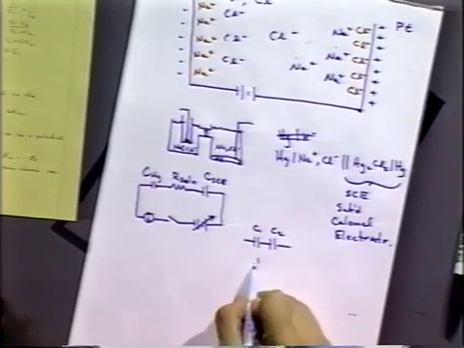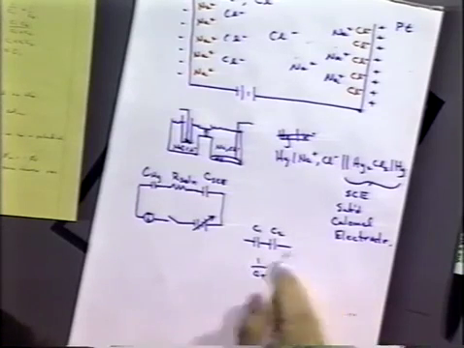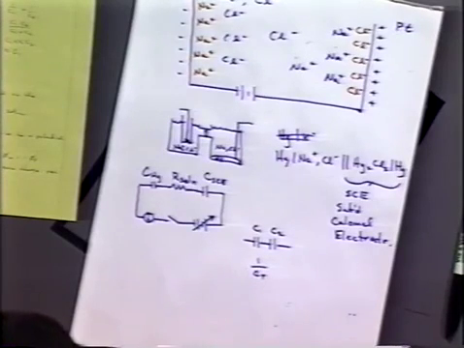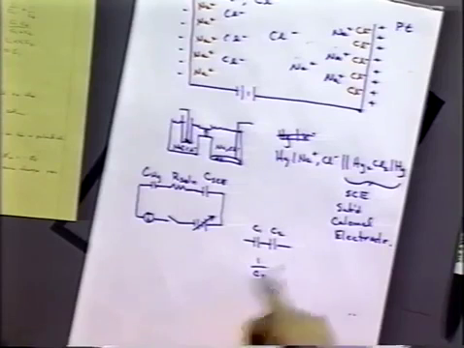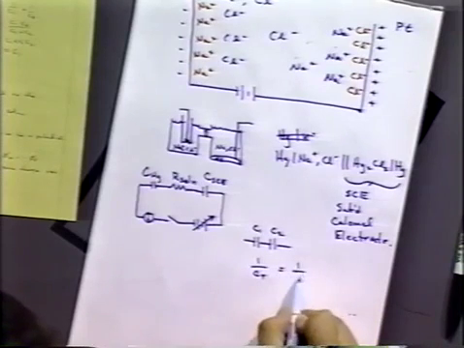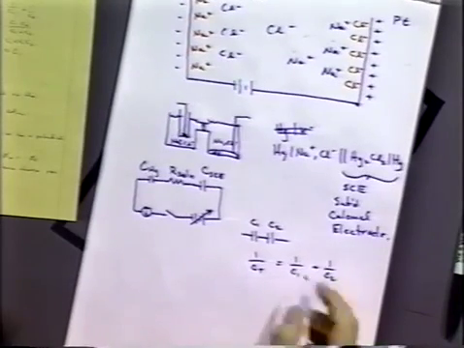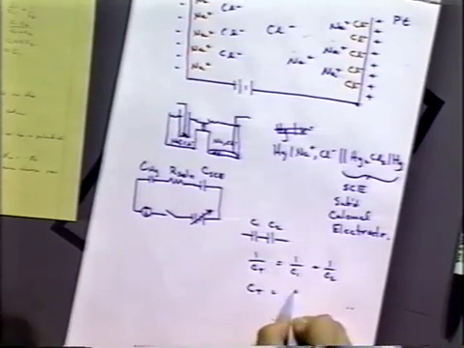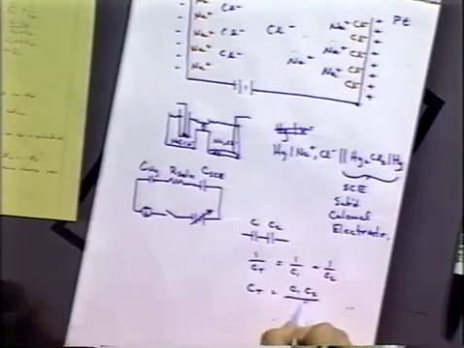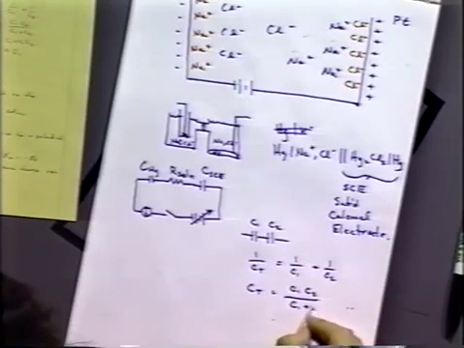And if you remember from physics, if we calculate the effect of two capacitors, the total capacitance is given by 1 over C total equals 1 over C1 plus 1 over C2, and C total is then equal to C1 C2 over C1 plus C2.